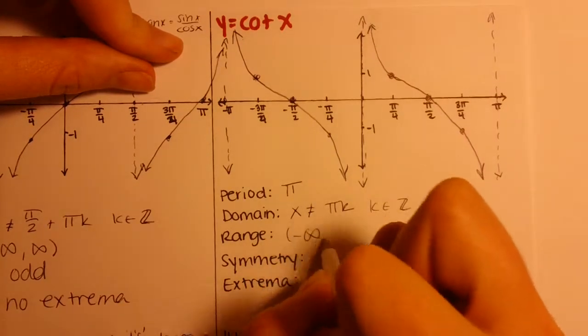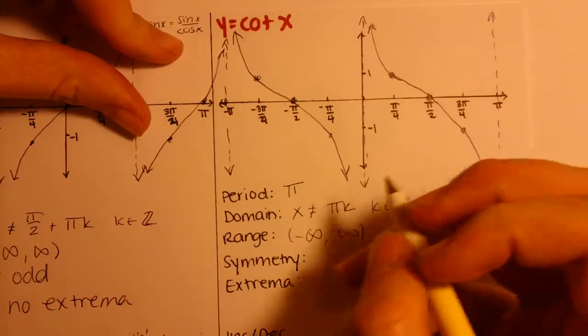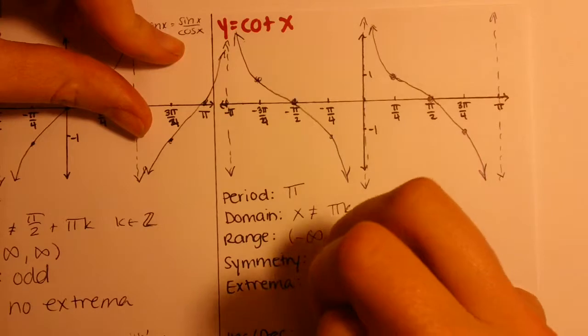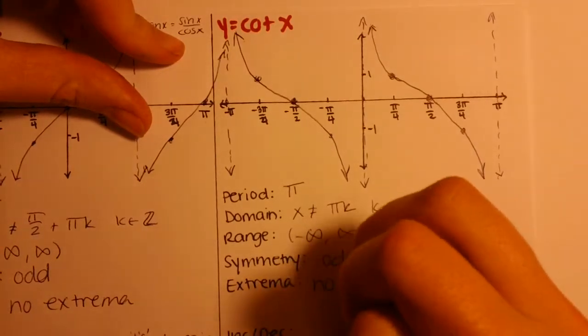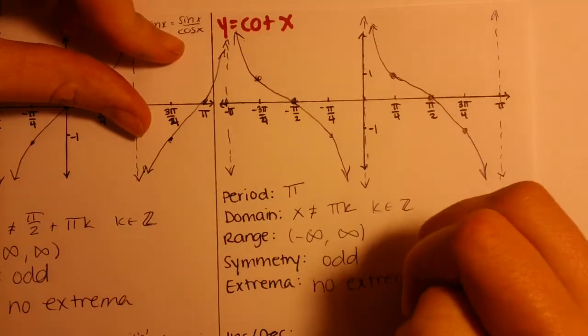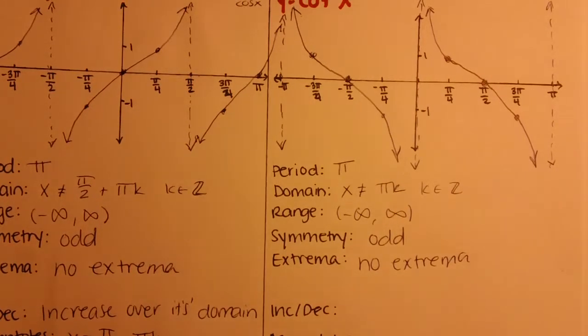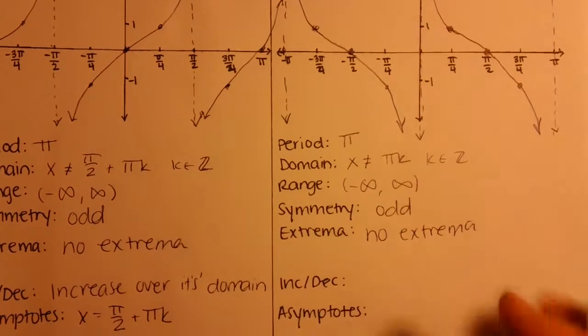Our range is negative infinity to infinity. Our symmetry is odd. There are no extrema. Sorry about that. It's decreasing on its domain.